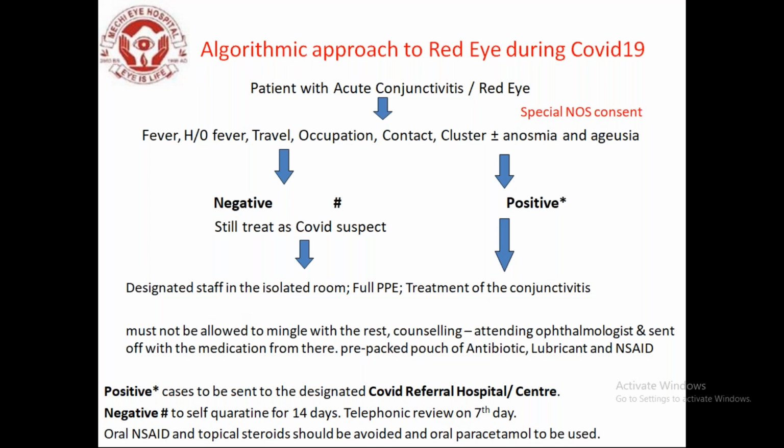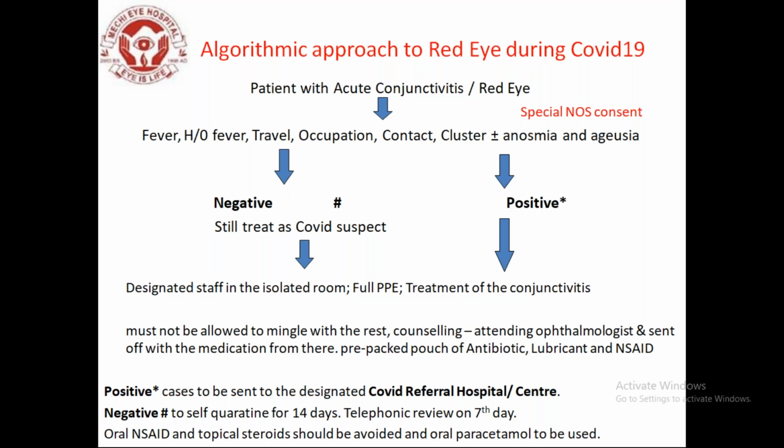Whatever counseling and medication to be given should be pre-packed and to be dispatched from that isolated room itself, so that the patient doesn't go to the pharmacy and be in the queue or go to other places. So they should be dispatched from the isolated room, and the treating doctor or paramedics should wear the full PPE.